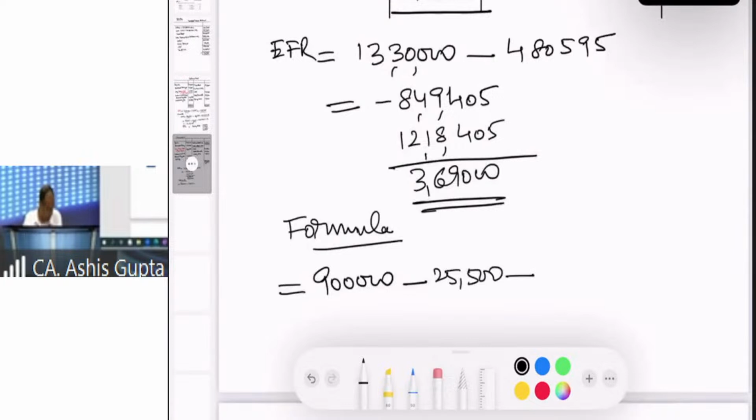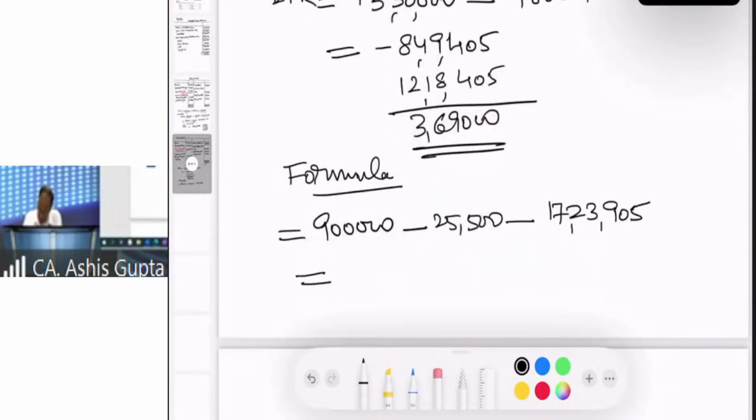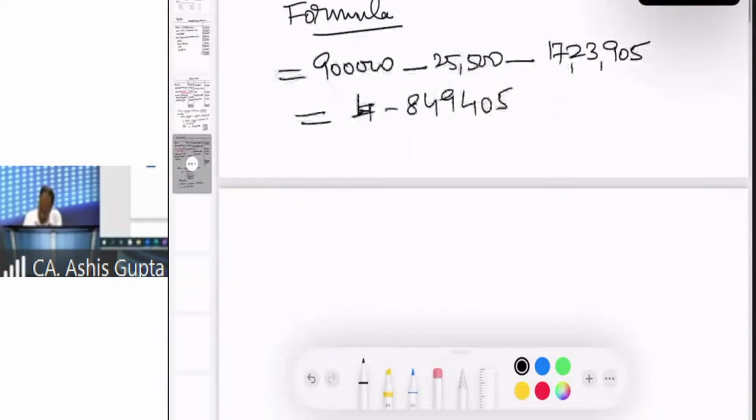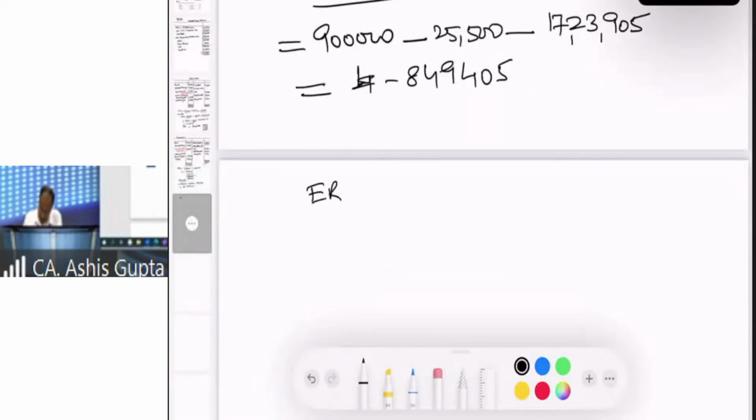Minus retained earning, so this comes amount minus 849,405. Accordingly, EFR, existing debt.